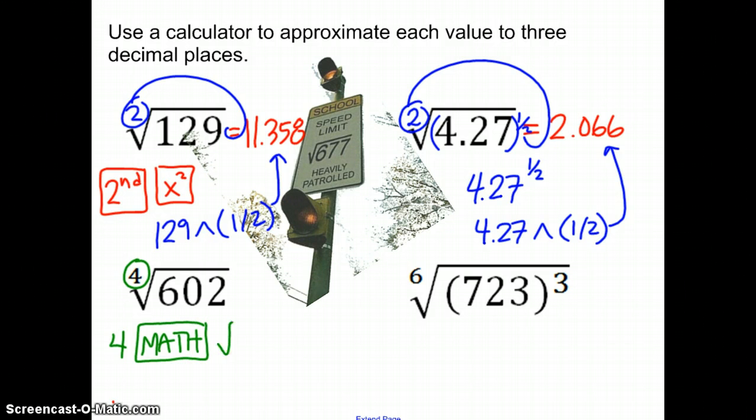It looks like a square root with an x as the index. And then once you have that, you put in 602. So it's just telling you want the 4th root of 602. To enter this one over here, you'd need the 6 because that's the index out front. Again, you hit the math key.